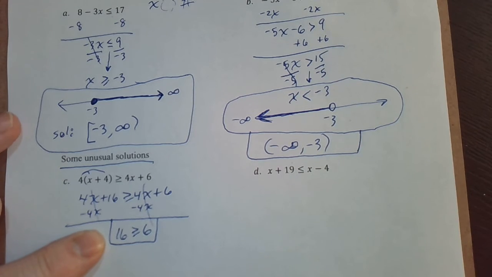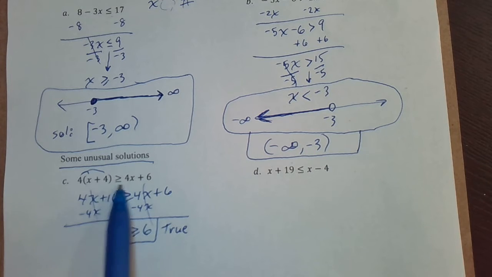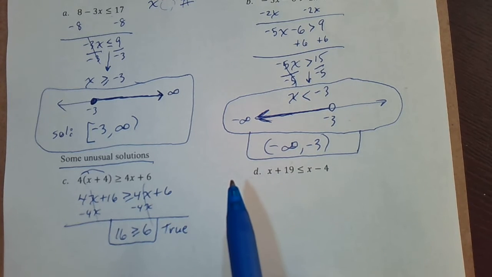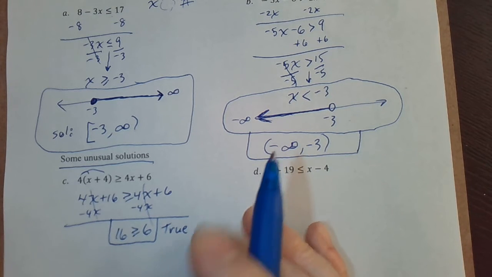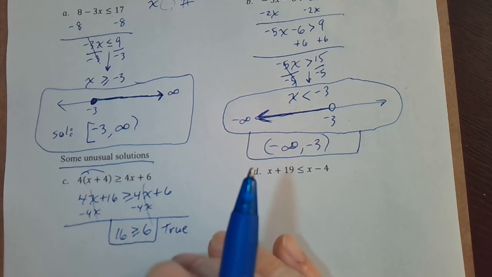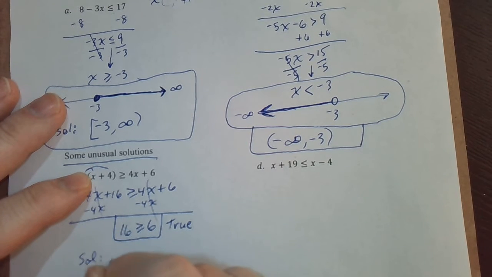That's true. So that means that no matter what value of x I plug in, I'm going to get a true statement. So that means every value on the real number line is a solution. That means the solution is all real numbers.